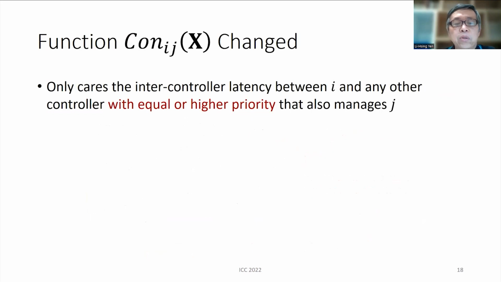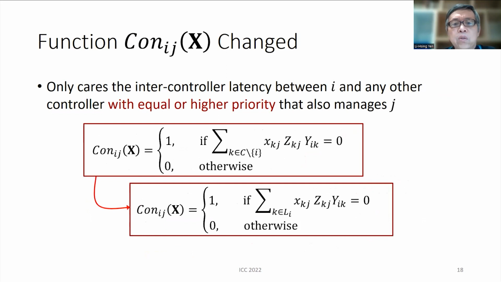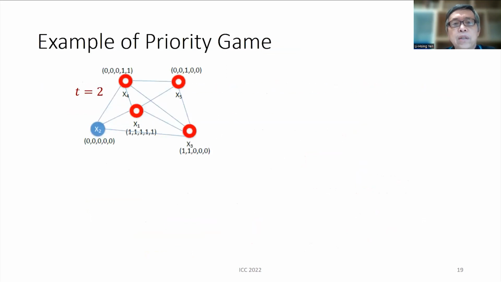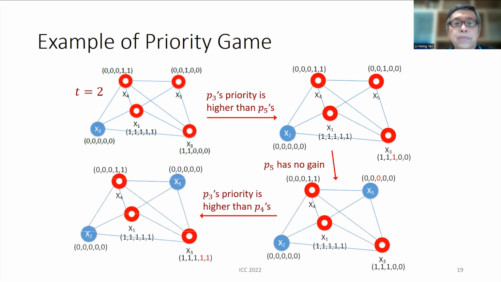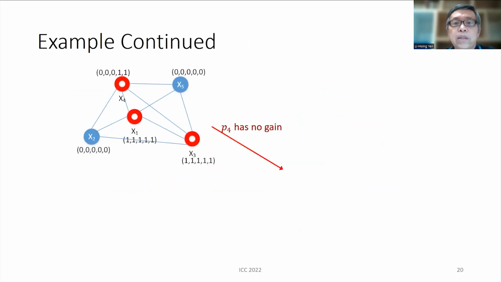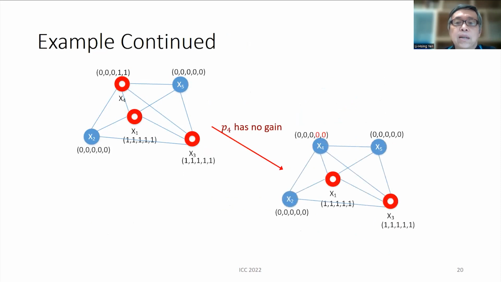We also have to modify the definition of CONij from this to this. The benefit of the modification is that for the same scenario, in which we have 4 controllers, through a series of decision making, we could arrive at the situation where only 2 controllers are needed.